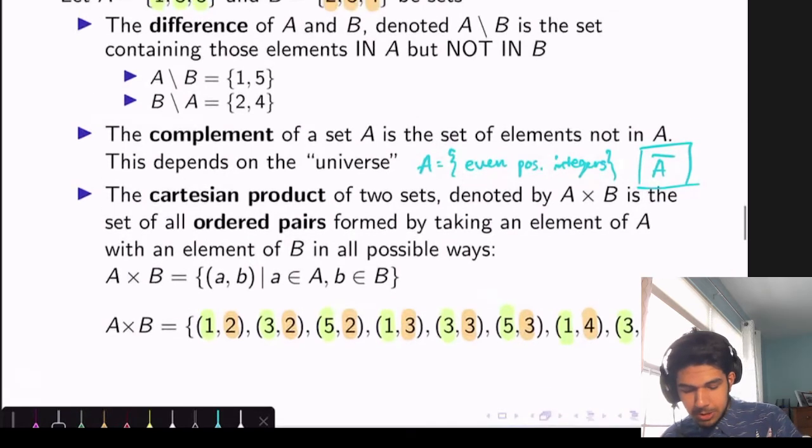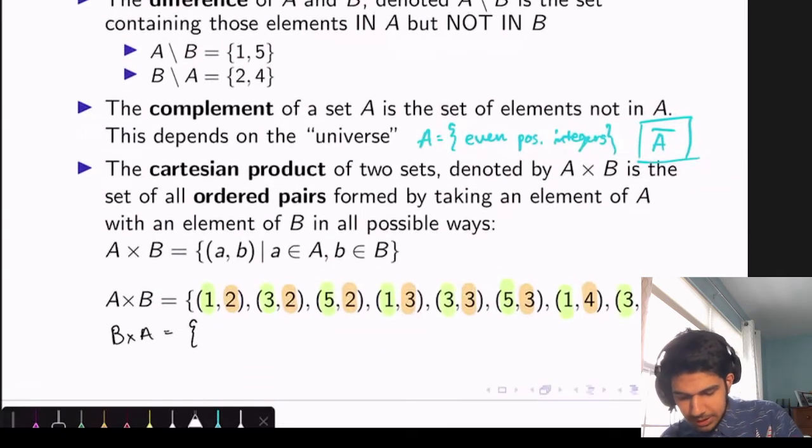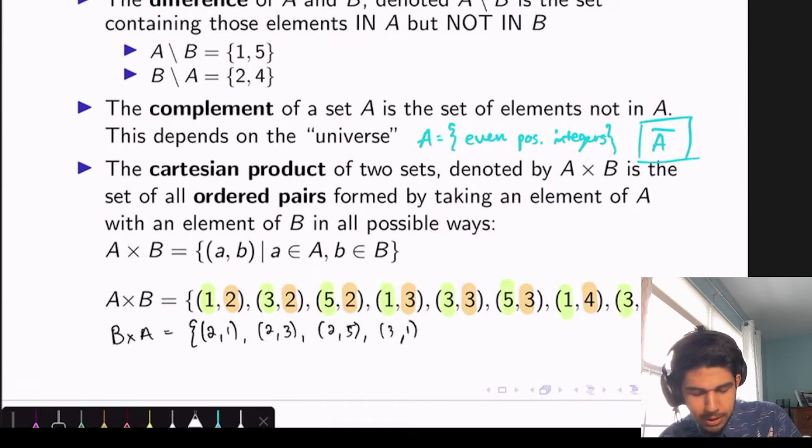Now note that if we were to do B cross A, that would be different. Here we would be pairing, the first element of the pair should come from B, and the second element of the pair should come from A. So I'll start to enumerate some of these. It'll be (2, 1), (2, 3), (2, 5), (3, 1), and so on.